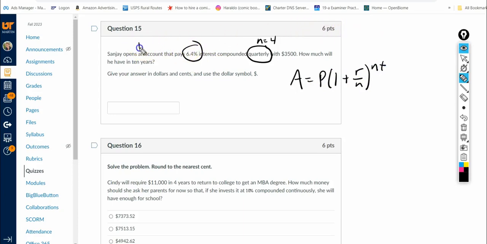That means r is going to be 0.064. And he opens the account with 3,500. That's our P. And how much will he have in 10 years? t is equal to 10. And we want to find how much in 10 years. We want to find A.